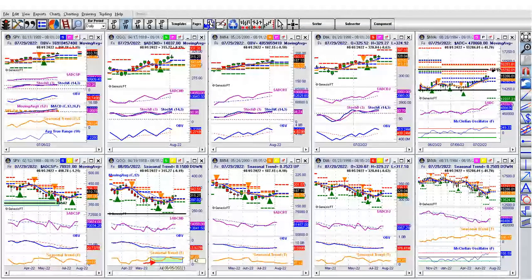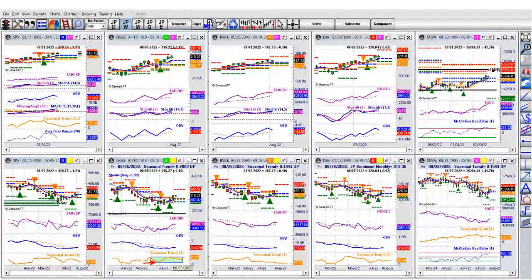What's the seasonal trend of the market, up or down this time of year? If it's down typically, and my volume readings aren't great, and we're at resistance, and the breadth of the market doesn't look promising, I'm more than likely not willing to go out on a limb and buy highly correlated stocks to the Qs or technology kind of names, because the condition and the seasonality of the trend is not in our favor.